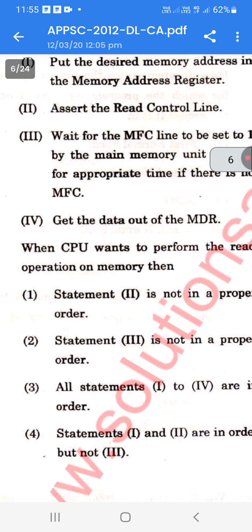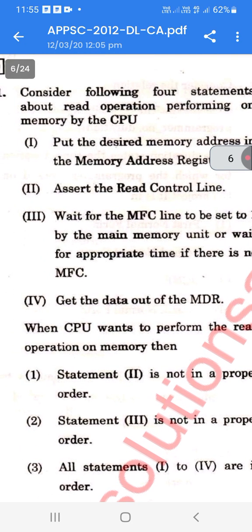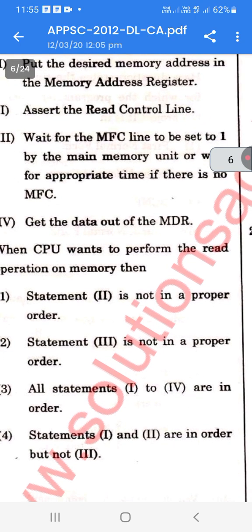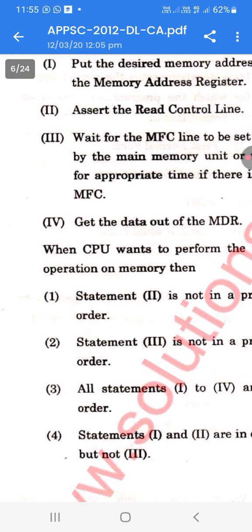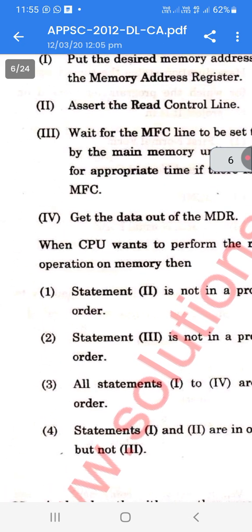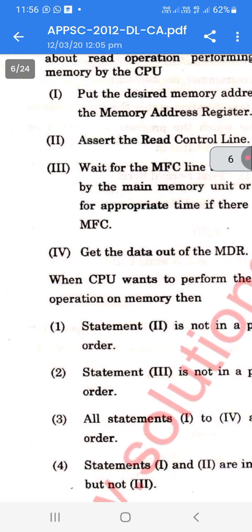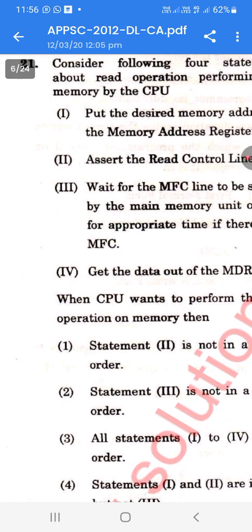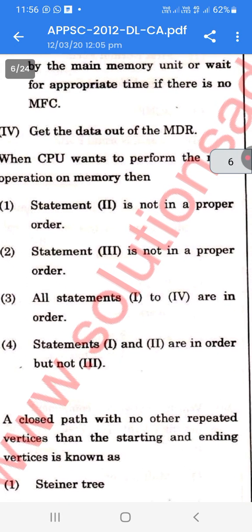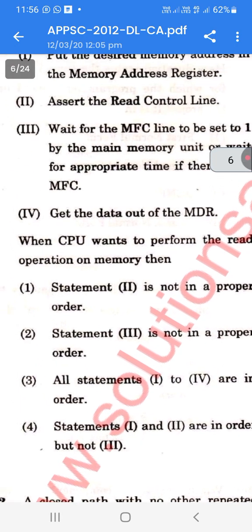When CPU wants to perform the read operation on memory, then what is the true statement? Answer is 3. All 1 to 4 are in order.